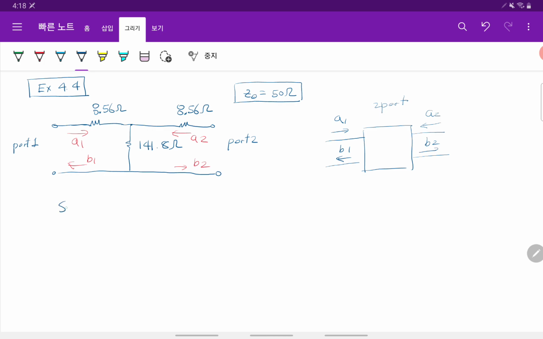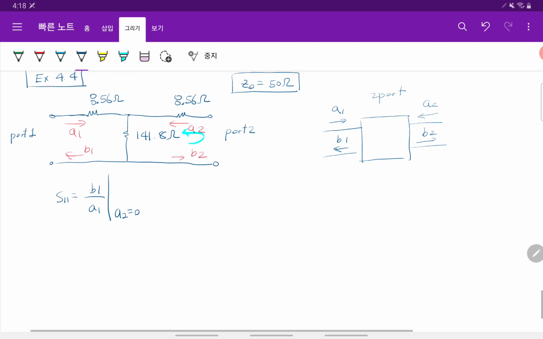So for S11, you can get B1 divided by A1 when A2 is 0, right?